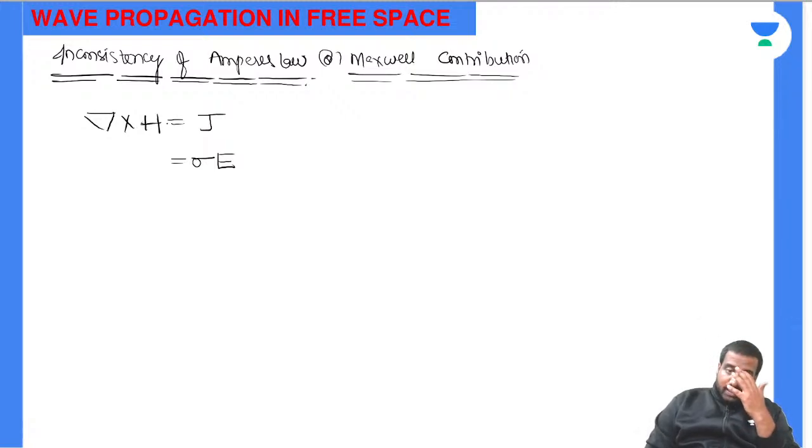He said that current can flow in air. Ampere is wrong. Current can fly in air. Such current will result in a time varying field. Poor Ampere did not know about time varying field.